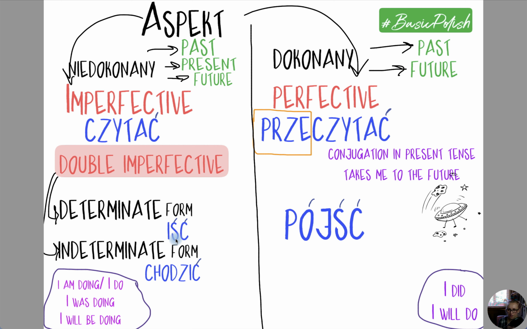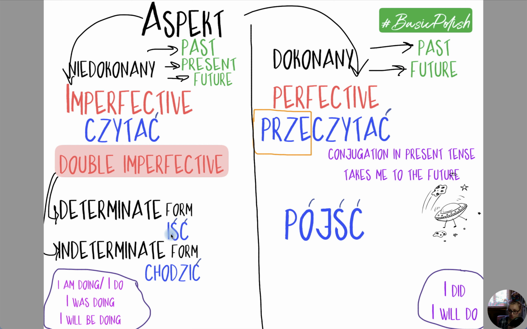It's an irregular verb. We conjugated idę, idziesz, idzie. We had that in the previous lesson. Idziemy, idziecie, idą. So that's our present tense conjugation. I am going, you are going, or you go, right? You are going, I am going, she is going, and so on and so forth, right?